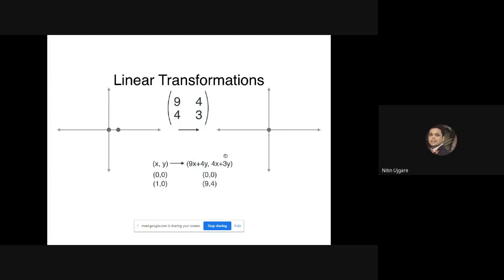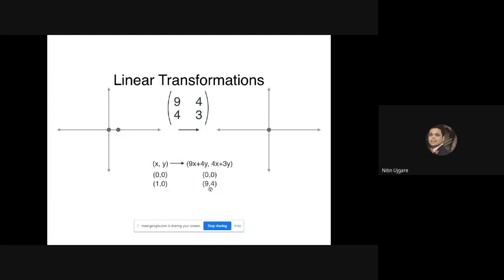Similarly, we can also calculate the positions of the other points. Let's say this is another point I have taken. This is the location of this sample point in this hyperplane. So let's put this point into the new hyperplane using this equation. 9 into x, x has value 1, plus 4 into y, y has value 0.